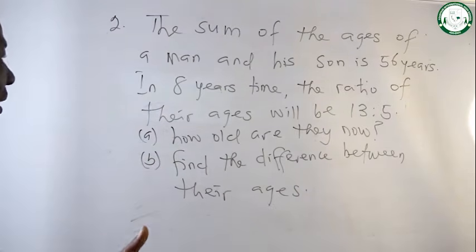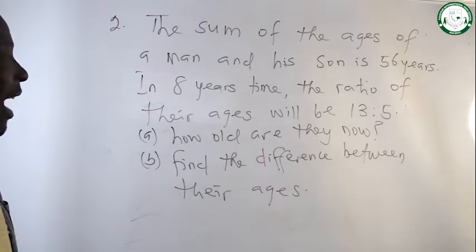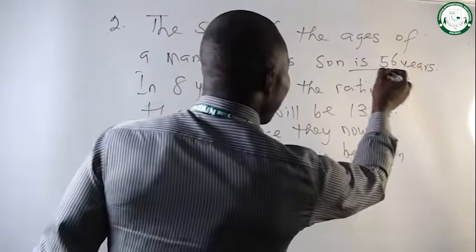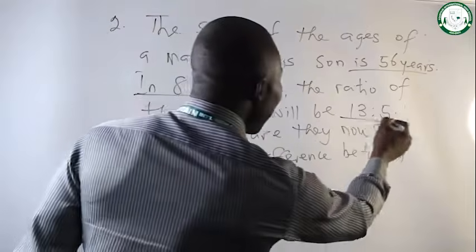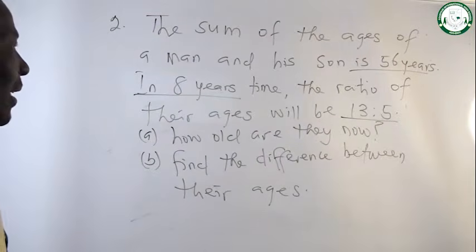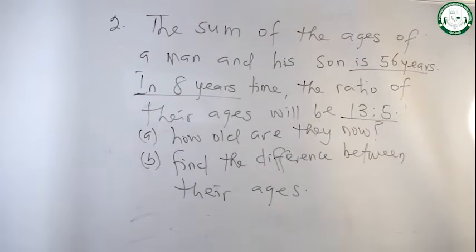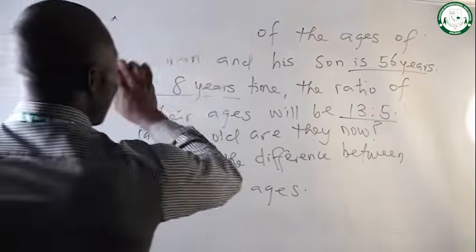We are not told how the equation will look, but we have to bring out some things ourselves. Look at what they gave to us: 56 years old, in 8 years' time, 13:5. It means we have to do something by ourselves. Let's try to solve this question.